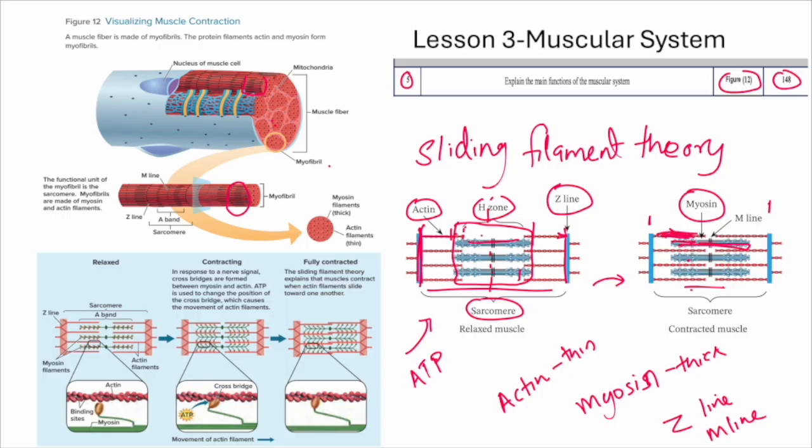How is it sliding past? The myosin is pulling these actin filaments towards inside. So this will contract the muscle, by using the ATP. And this is how the muscle is functioning, and this muscle movement is called the sliding filament motion.